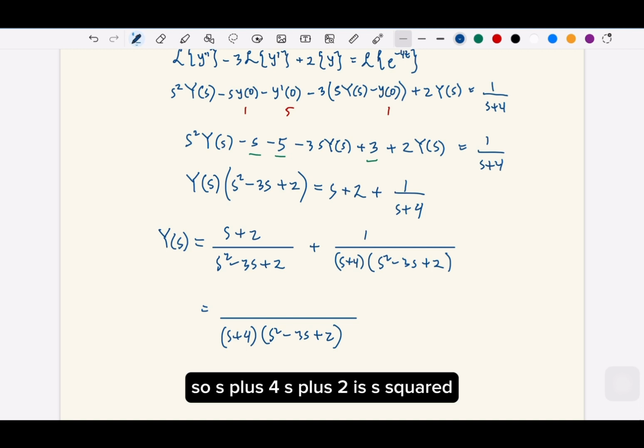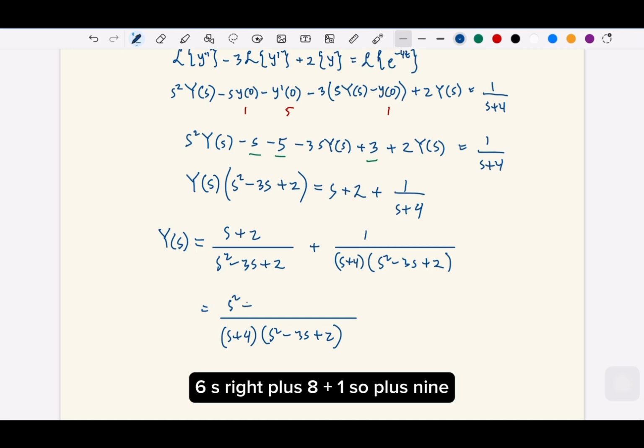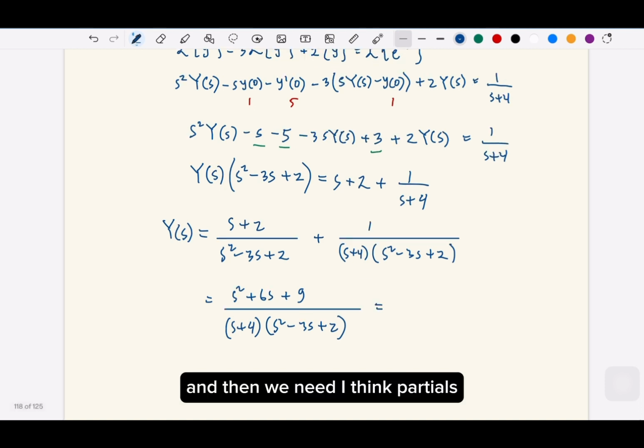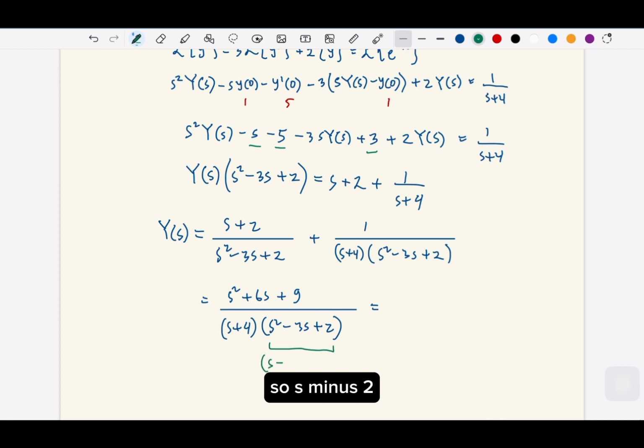So s plus 4, s plus 2 is s squared plus 6s plus 8, plus 1, so plus 9. And then I think we need partial fractions to separate these big fractions. So we can factorize this, right? So s minus 2, s minus 1.